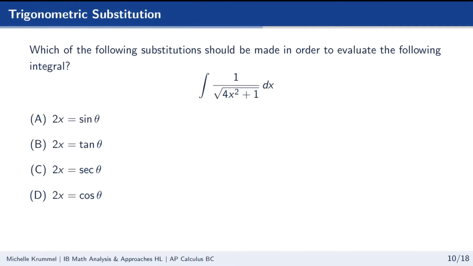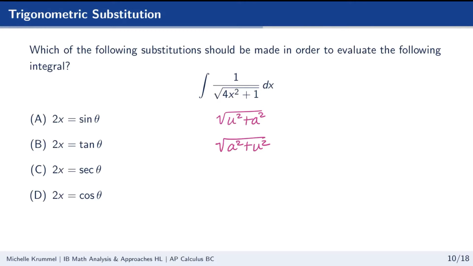Next example, which of the following substitutions should we make if we want to integrate 1 over the square root of 4x squared plus 1? So looking at this, it is in the form of square root of u squared plus a squared. Now addition is commutative, so when we looked at the substitution, we had a squared plus u squared. That's fine.